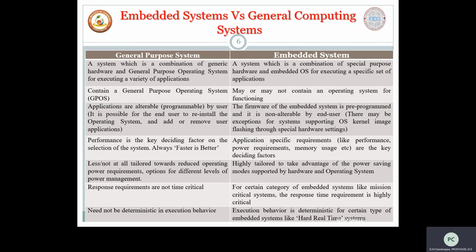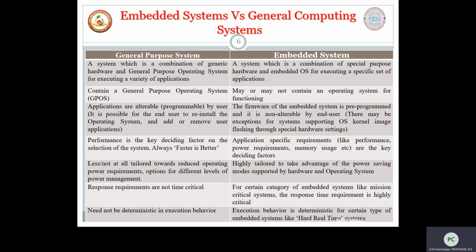In a general purpose system, applications are programmable by the user. It is possible for end users to reinstall the operating system and add or remove user applications. That option is available. But in an embedded system, the operating system, like the firmware of an embedded system, is pre-programmed and is not alterable by end users.